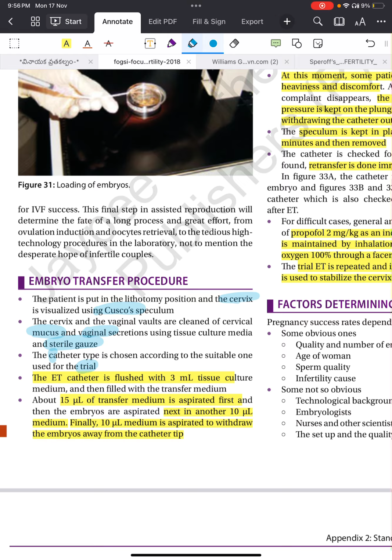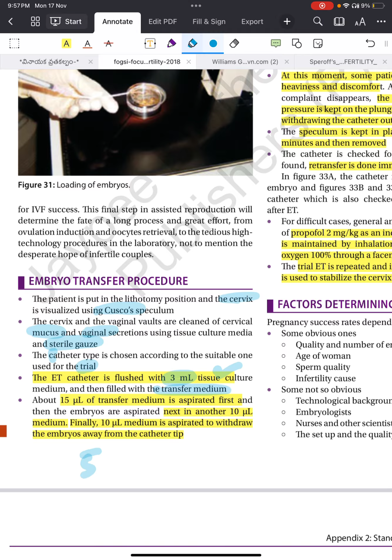Before inserting embryos, we do a trial on that patient without any embryos. Whichever type of catheter is suitable, we choose that. Then that catheter is flushed with 3 ml of culture medium, and then it is filled with transfer medium. First it is flushed with culture medium, then we use transfer medium.